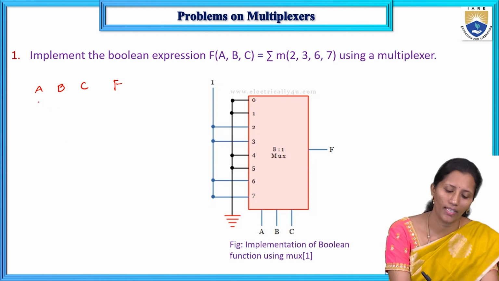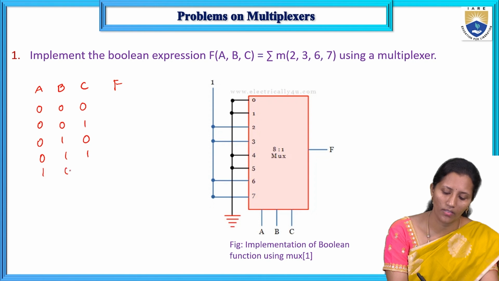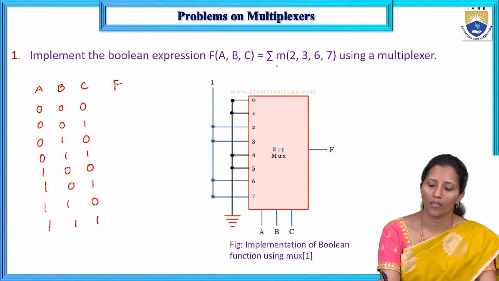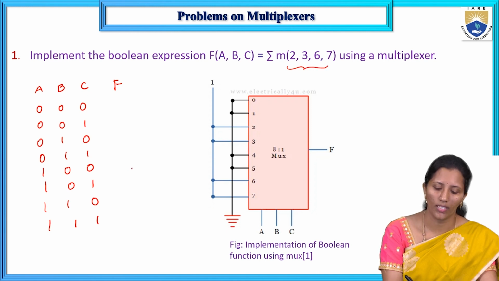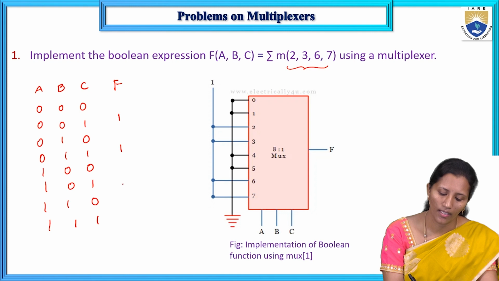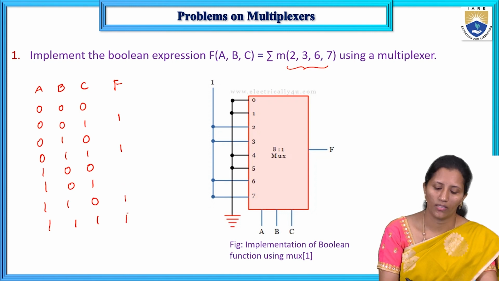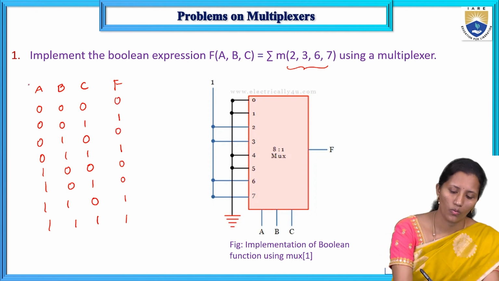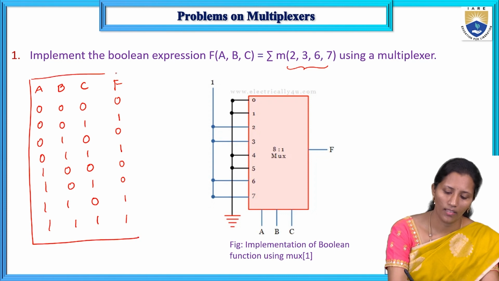We have 3 inputs, so we get 8 combinations: 000, 001, 010, 011, 100, 101, 110 and 111. For minterms 2, 3, 6, 7 the output is 1, and for the other minterms the output is 0. This is the truth table for the given boolean expression.